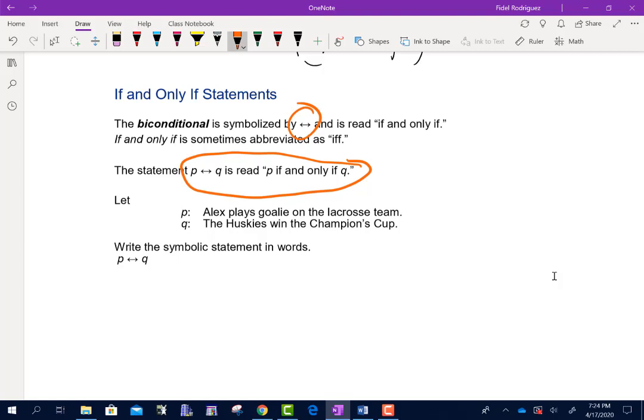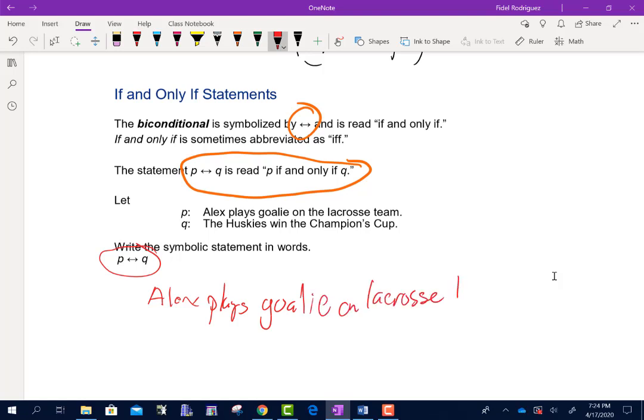Q is the statement, the Huskies win the Champions Cup. So now we're going to write this in words. P if and only if Q. So we're going to say Alex plays goalie on the lacrosse team if and only if, because that's what the double arrow means, the Huskies win the Champions Cup.